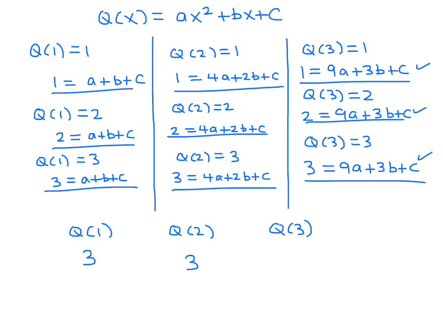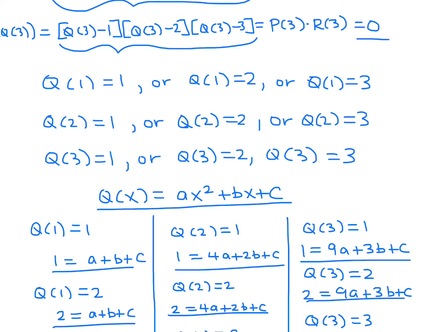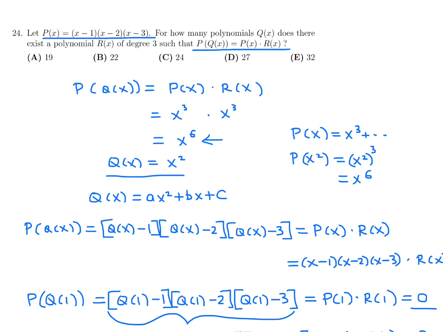So for each of these, I can choose one of 3 possible. So the total is 3 times 3 times 3, which is 27 possible ways of making this polynomial. All right? So you go back and you choose 27 and you move on, correct?